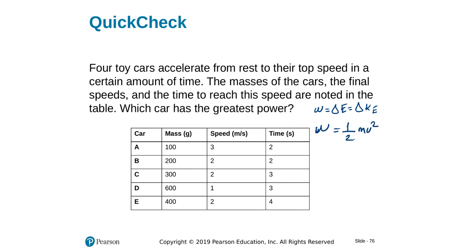Kinetic energy goes from 0 to a value of v, and then power is equal to that work done divided by the time it takes to do that work, and the work done you'll replace by kinetic energy, 1 over 2 mv squared, and divided by the time it takes to compare which car has the greatest power, which is what the question is asking, and you'll find it should be the first one.